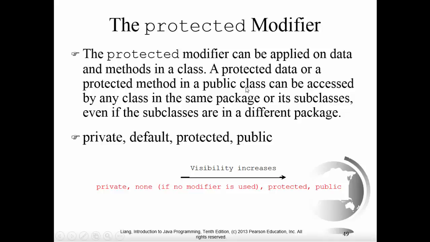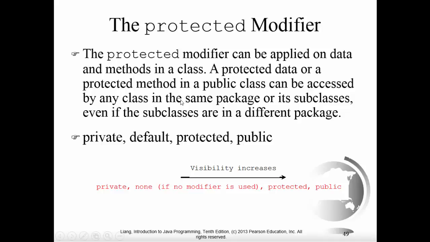Lastly, we want to talk a little bit about a different modifier. We've seen public and private. We also now should add protected to our list of modifiers. If we use the protected modifier, we are saying that anything in this package can use this method or class.